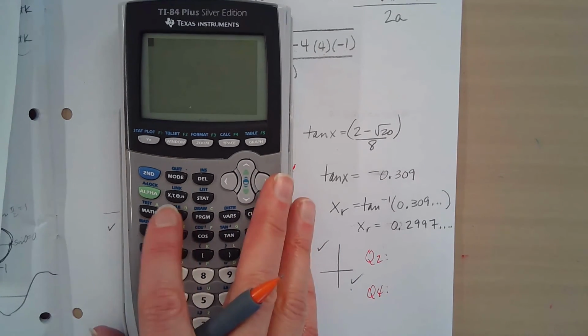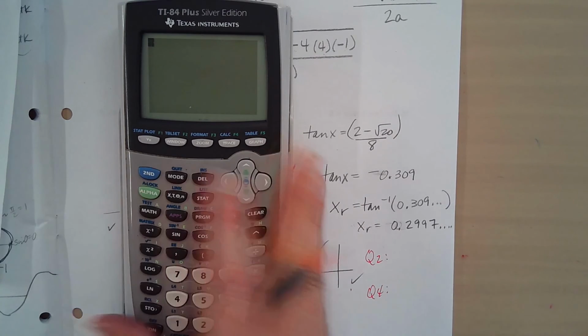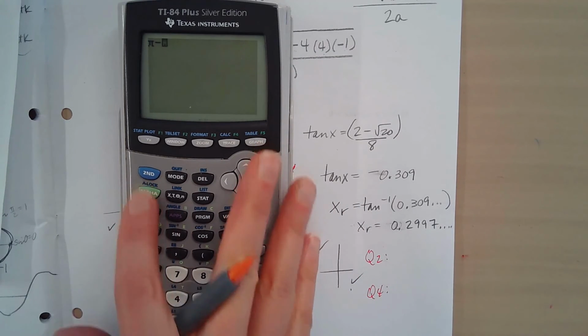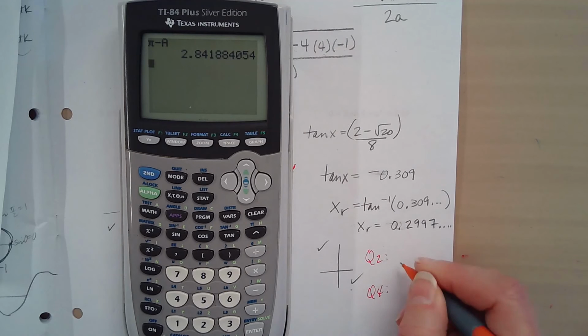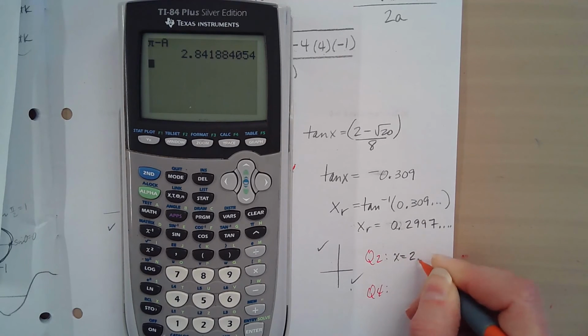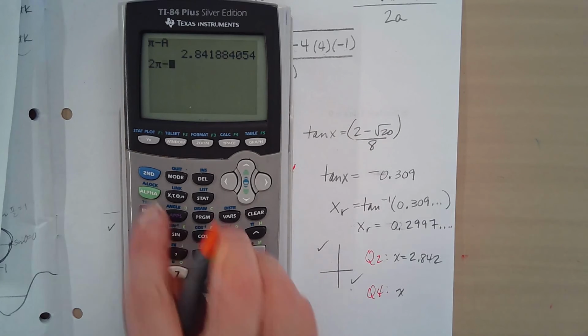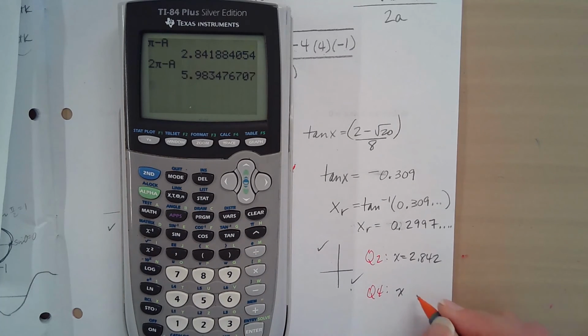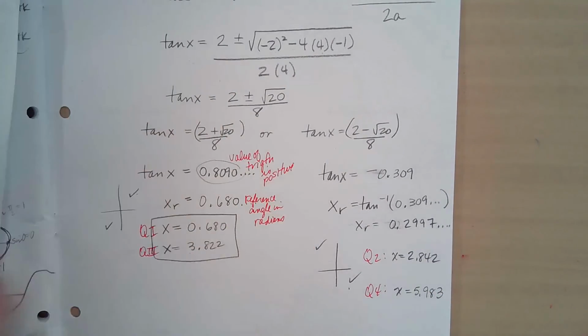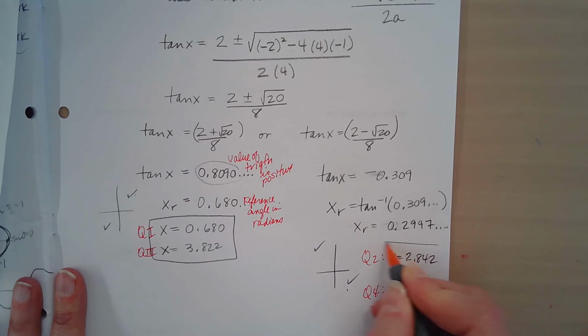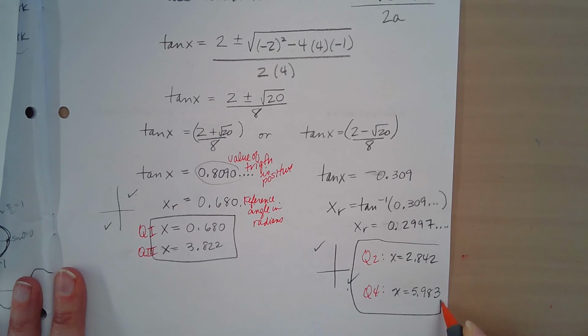And I'm going to have pi minus my reference angle, and I'll have 2.842, and 2 pi minus my reference angle, 5.983. Okay, I apologize for finishing class like that. It's a horrible way to finish class.